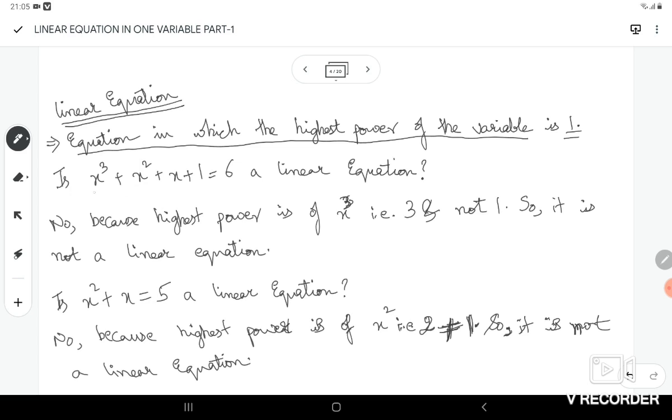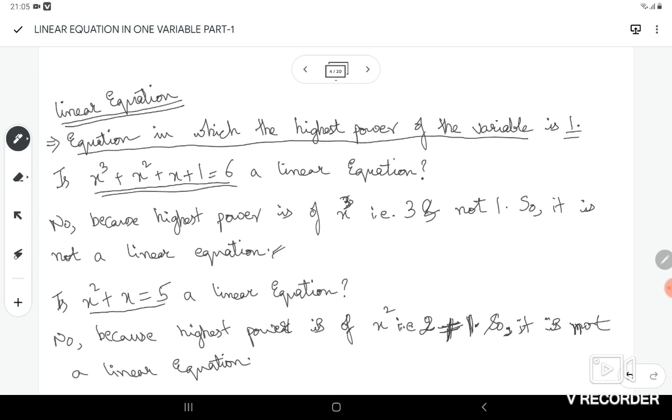Now let us ask, is x cube plus x square plus 1 equal to 6 a linear equation? We can clearly see that here the variable is x and the highest power of x is 3 and not 1, so it is not a linear equation.